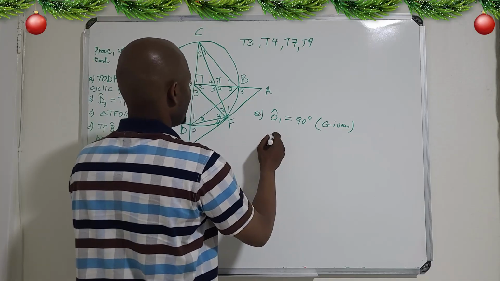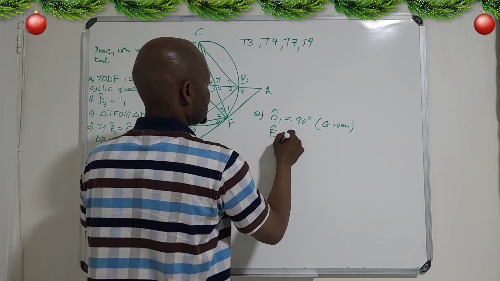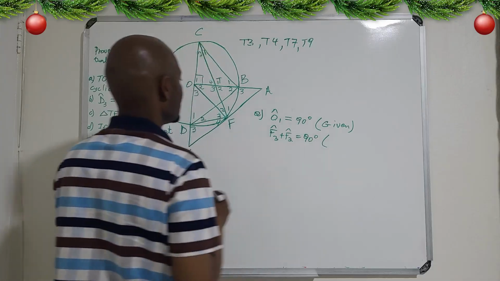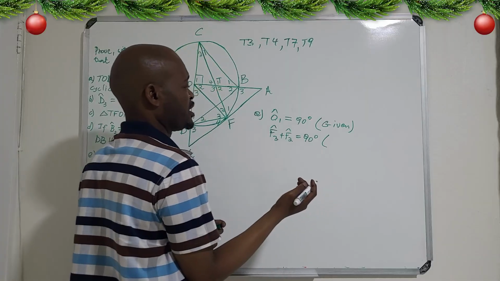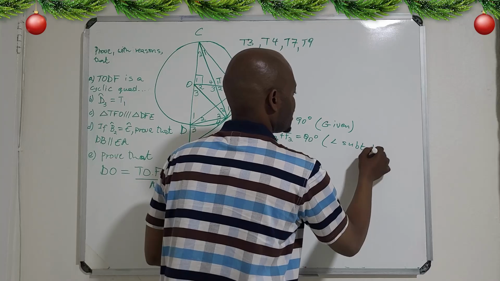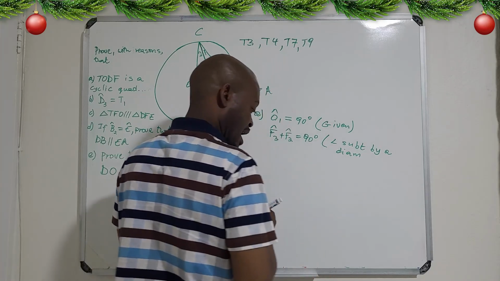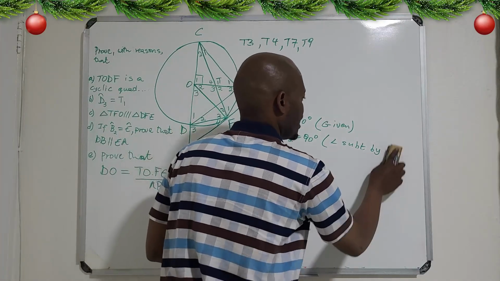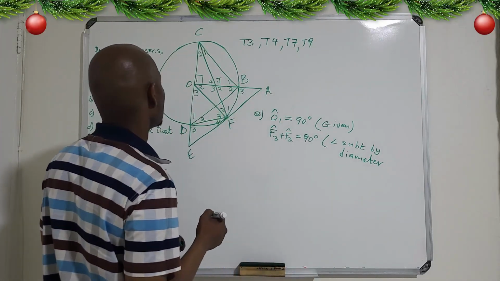Therefore, angle F3 plus angle F2 is equal to 90 degrees. Reason: angle at semicircle, or angle subtended by a diameter CD.